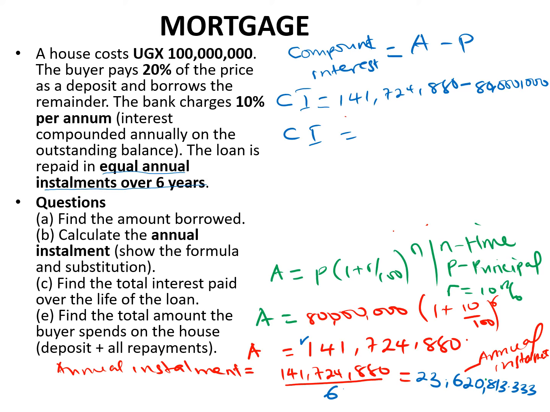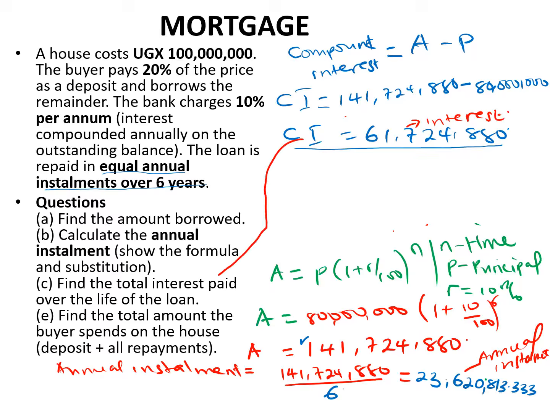And here we get the answer as 61,724,880. It means that this is the interest. This will be now our interest that we need for part C.